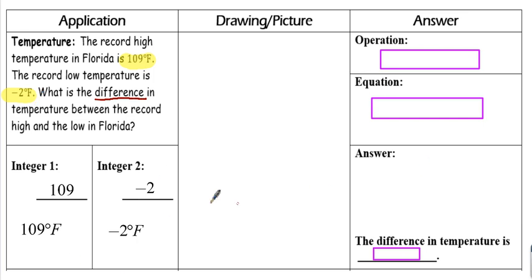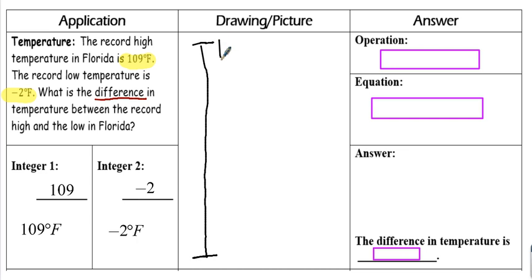Once we found the integers, the second step is to draw a picture. For the picture, we can draw a thermometer, and I'm going to use a vertical number line.